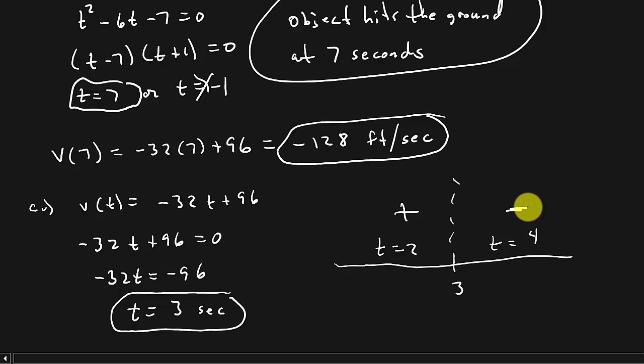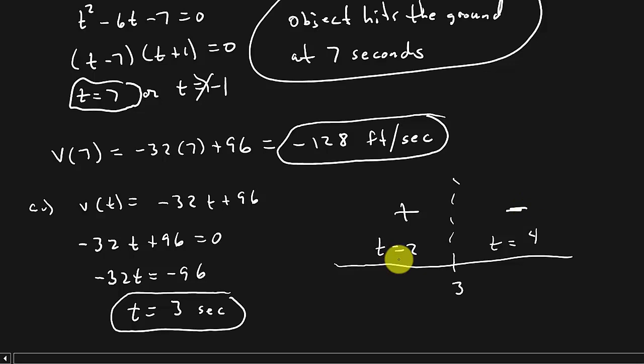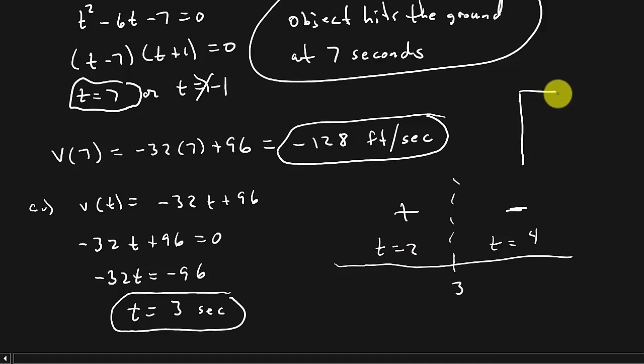So we can see that the velocity is positive, so the ball is rising when t is less than 3. And then when t is greater than 3, the velocity is negative, so that would tell us that the ball is falling. So you can see, if you're up here at the top of a building and you throw the ball upward, it's going to go up and come back down.